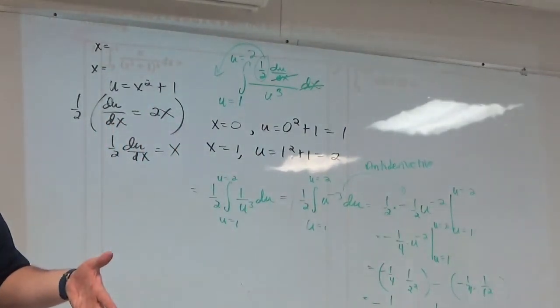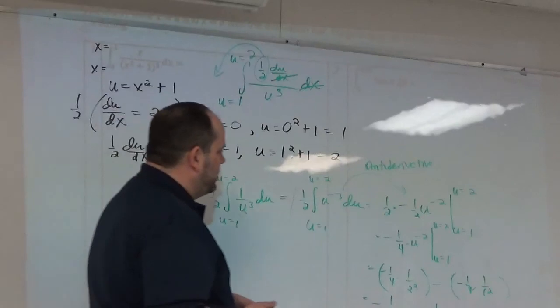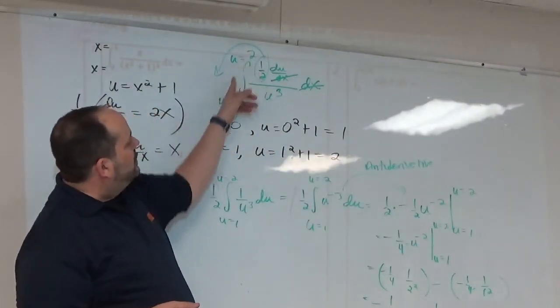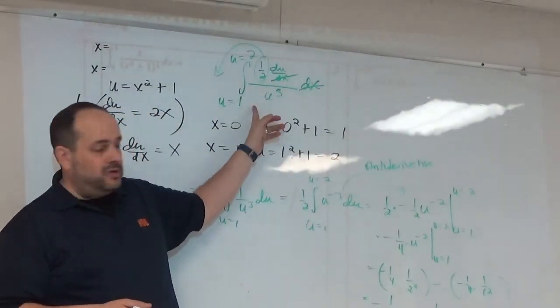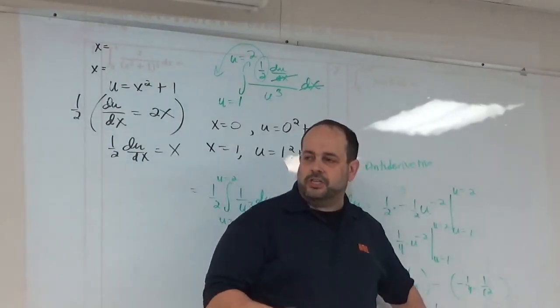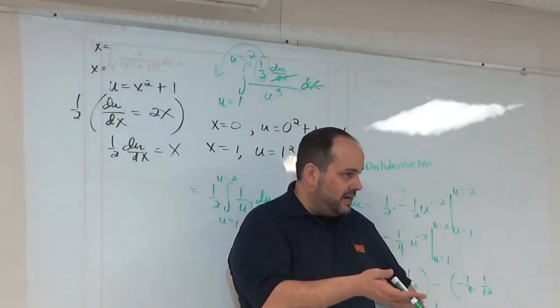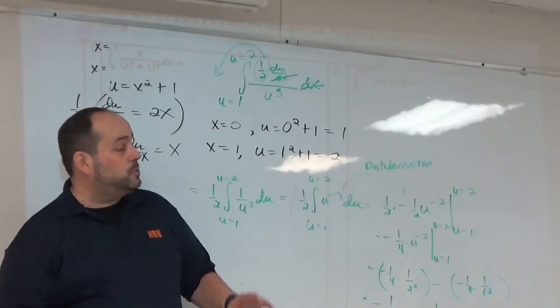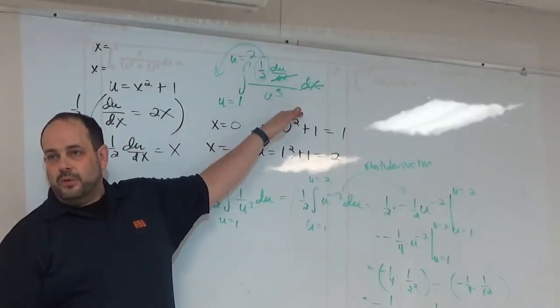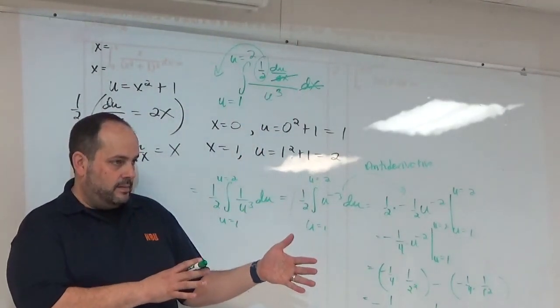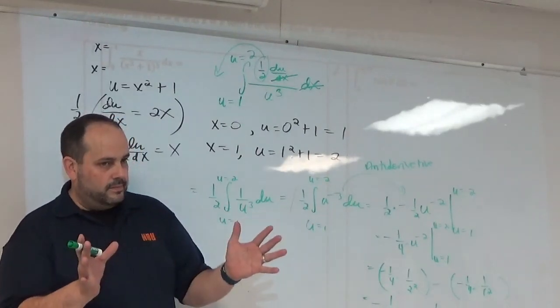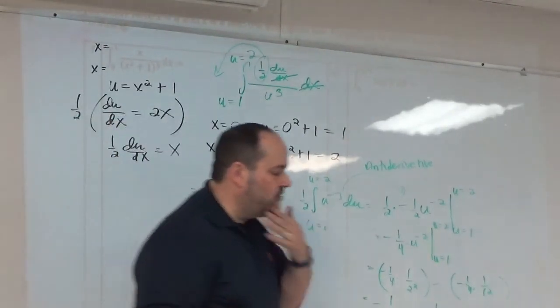You want a function. Here with the definite integral, because you changed your limits of integration to be in terms of u, your final answer is going to be a numerical value. It's going to be an area. With definite integrals, once you change over to u, you don't have to change back. Ever. Okay, let that sit for a little bit.